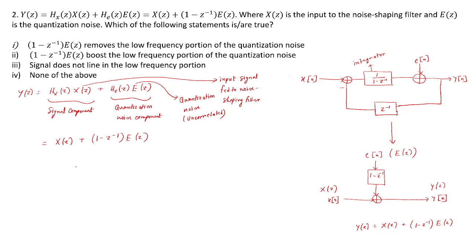Now what is the trick here? We have already seen that in terms of the signal component, the input output response Hx(z) is 1.